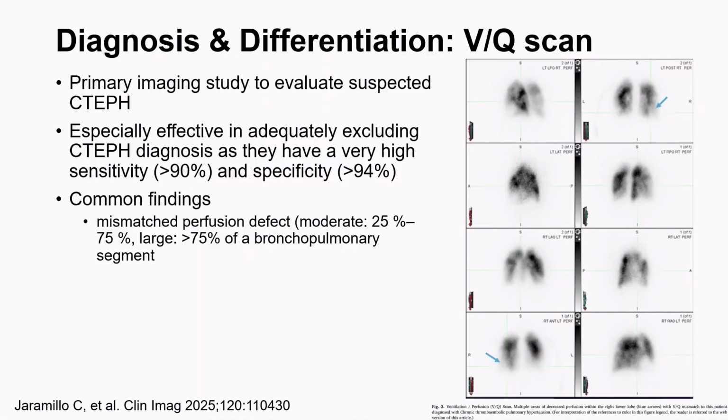The VQ scan is the primary imaging study to evaluate suspected CTEPH. It is especially effective in excluding the CTEPH diagnosis, as it has high sensitivity and specificity. A common finding is a mismatched perfusion defect. It is large if it involves more than 75% of a bronchopulmonary segment.